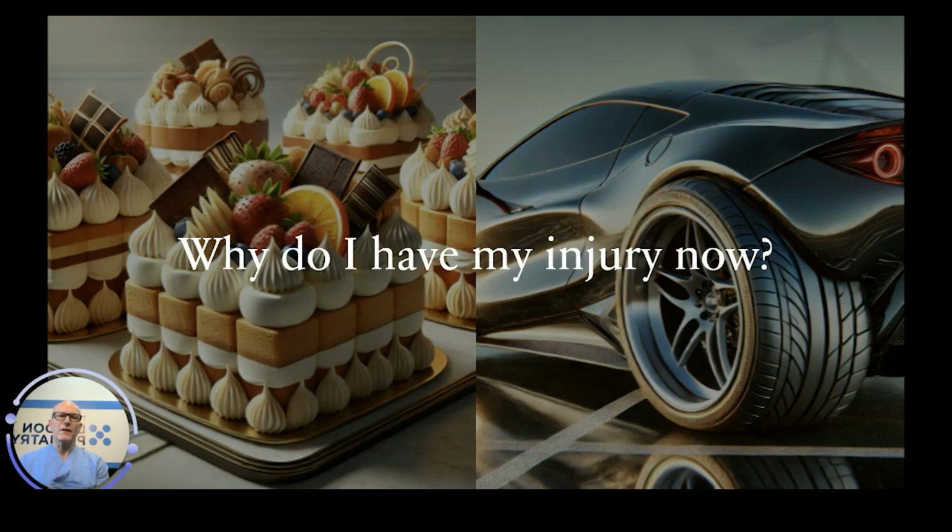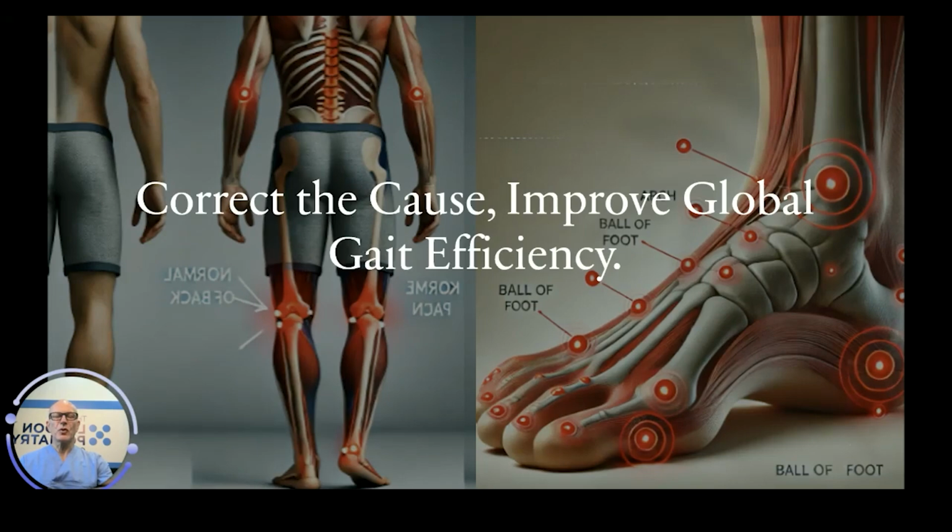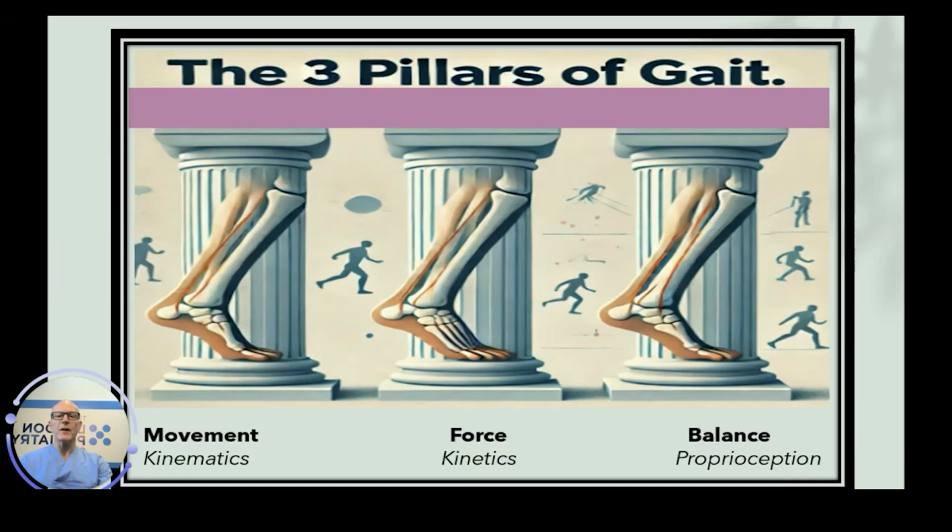So the effects of an inefficient gait, of having a mechanical imbalance, and it could be absolutely anything, take time to manifest. Our job is to find them early and to avoid some of the possible sequelae and complications from that. So definitely we deal with the cause, we deal with your concern, but we want to improve your global gait and efficiency so that you can live a long, healthy life, hopefully without injuries relating to your gait.